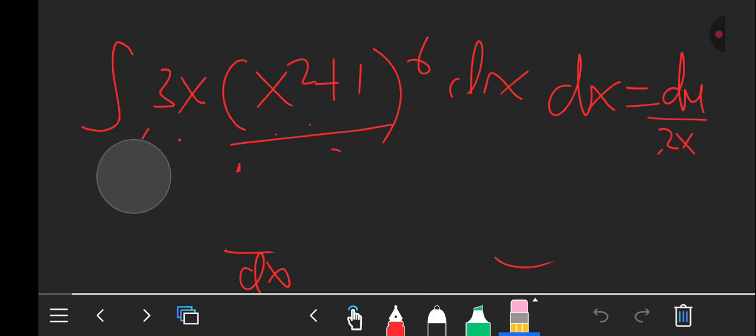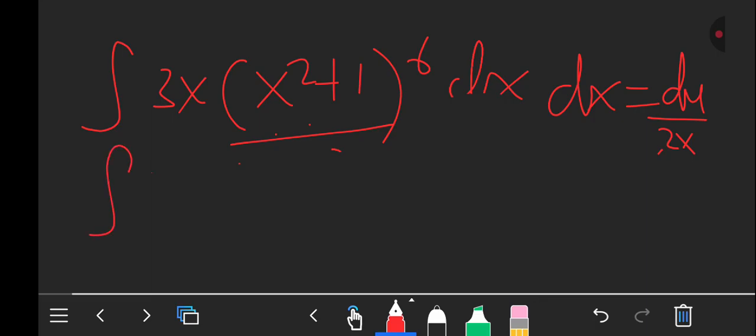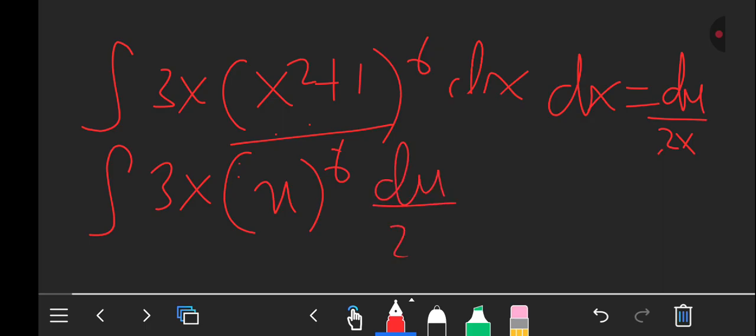Then we substitute where there is dx, we substitute du over 2x. So this will be equal to the integral of 3x, then u to the power 6, then dx will be substituted by du over 2x. You see that x can cancel with that x.